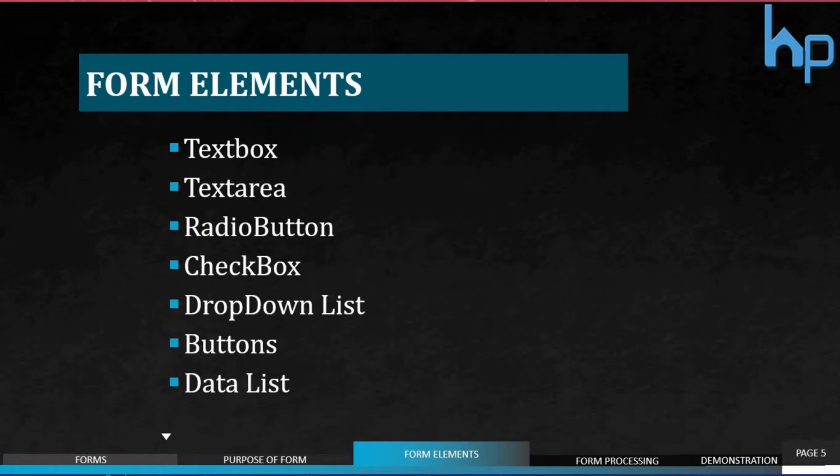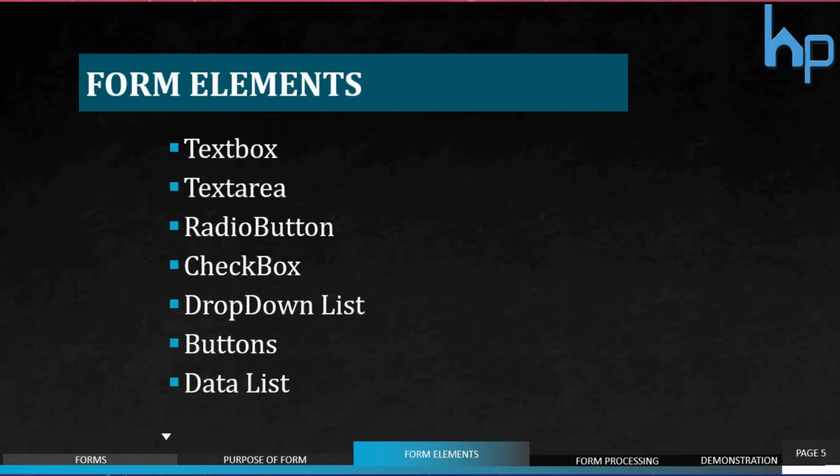Whereas a checkbox allows the user to select more than one option at a time, right? So a drop down list lists down multiple choices out of which either a single option or multiple options can be selected by the user. So buttons are the control which is responsible for establishing a connection between your server and client, right?